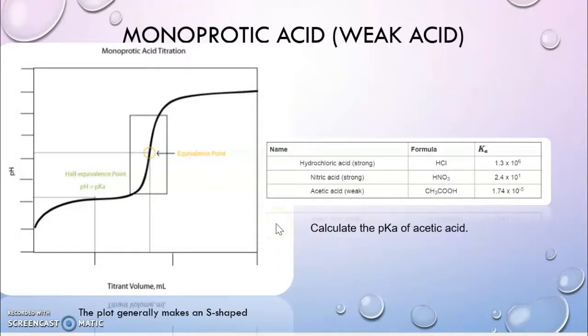Why do strong acids such as hydrochloric acid and nitric acid have high Ka values? It is because both acids dissociate more when dissolved in water compared to acetic acid. Acetic acid, on the other hand, does not dissociate well when dissolved in water.